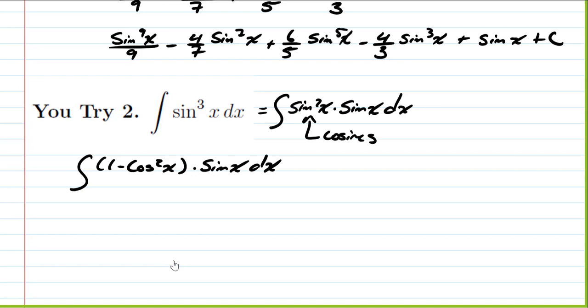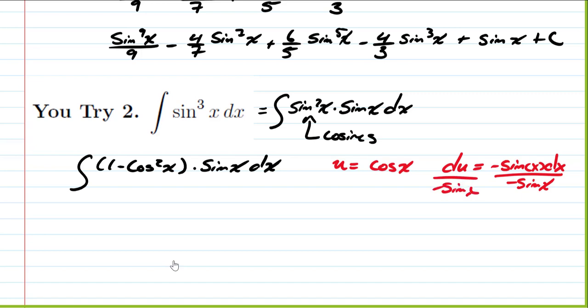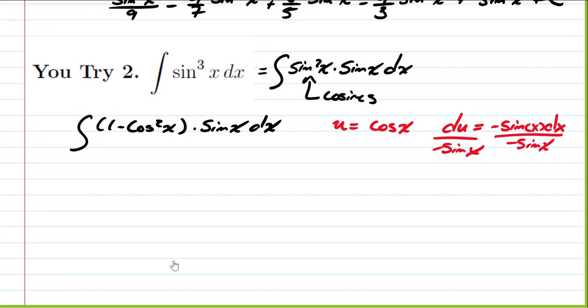And we're going to let u equal cosine x, then du is negative sine x dx. Divide by negative sine x, and we end up with dx being negative du over sine x.